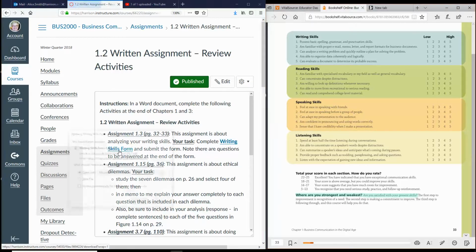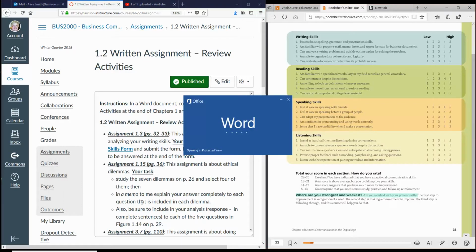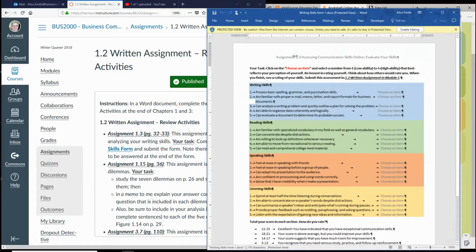So all you have to do is click it, open it. You can just look at it, or you can select the number from 1. Oh, enable editing.